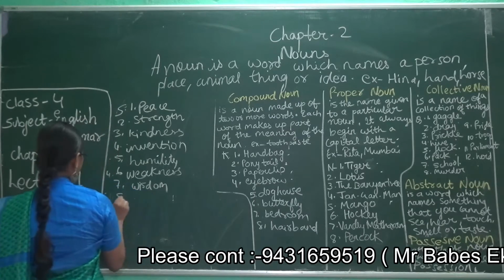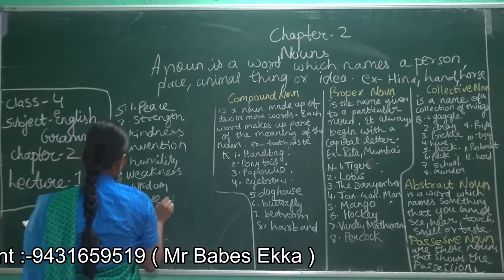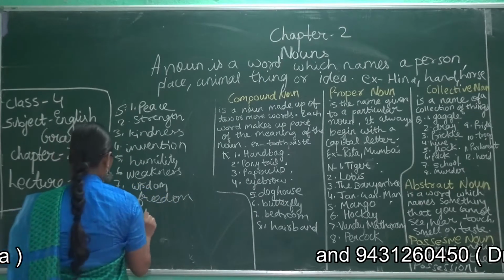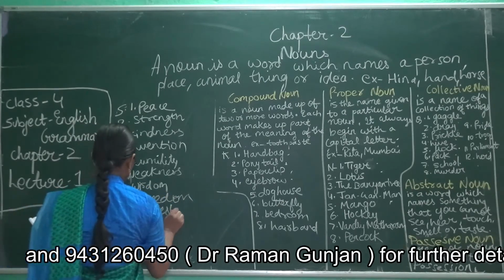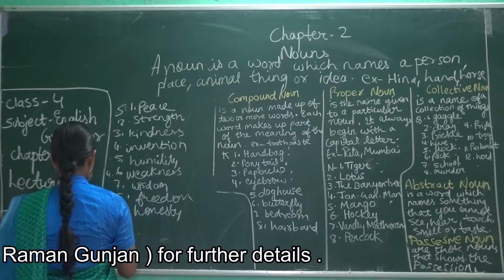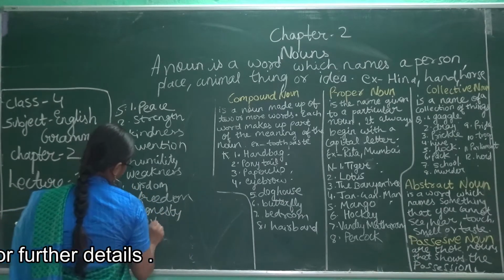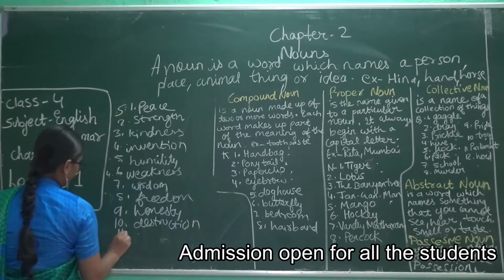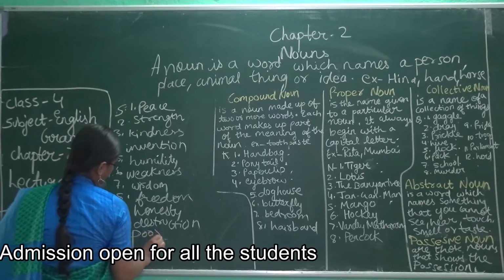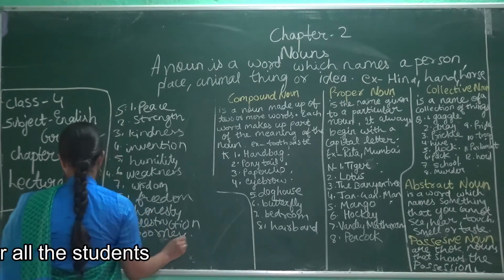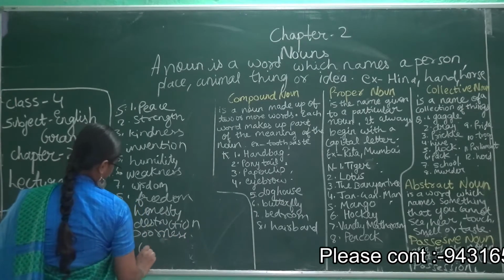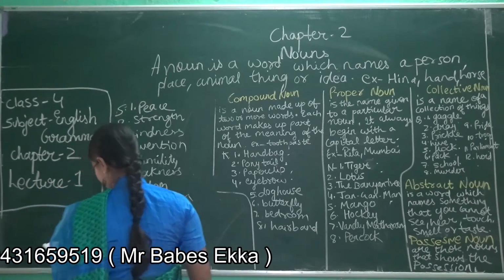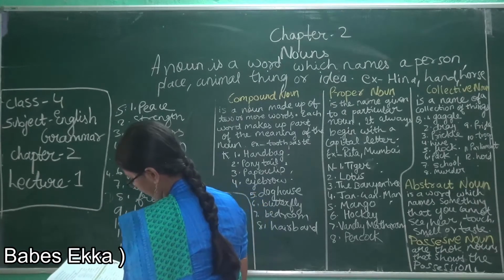Number 8 is freedom. Number 9, the answer is honesty. Number 10, destruction. Number 11, poorness. Number 12, courage. So just do the rest by yourself.